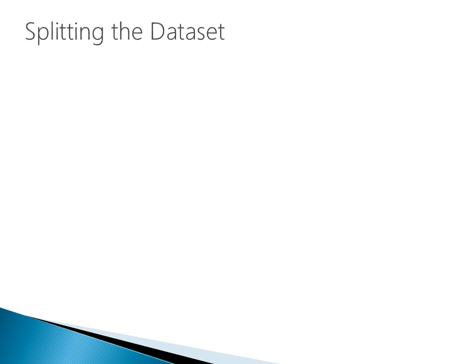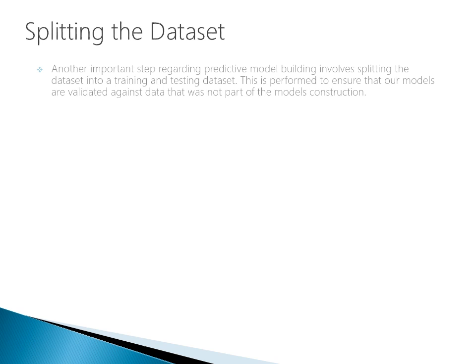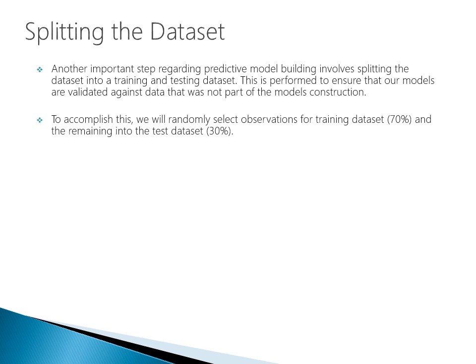An important aspect of predictive model building comes down to how we work with the data set. We need to split this data set into what's called a training and testing data set. And there are other techniques that can be used. But the idea behind it is that we want to build our predictive models against a training set, and then evaluate them against the test set, which was not part of the model's original construction.